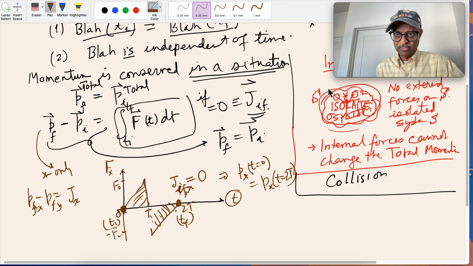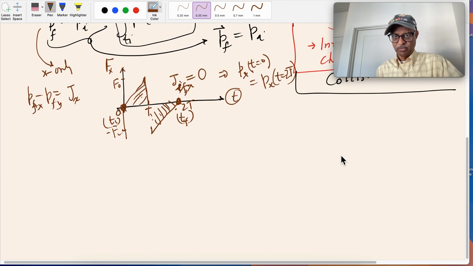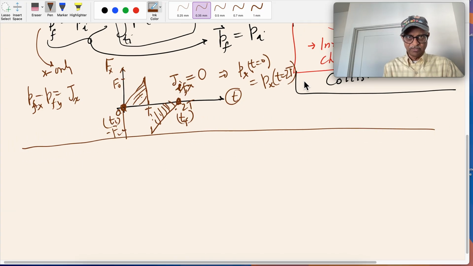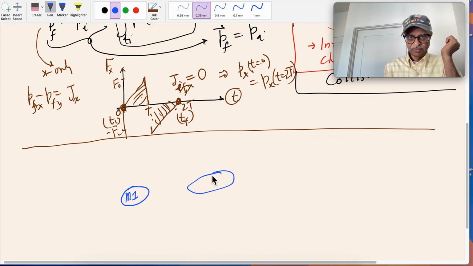Okay, so now let's look at momentum conservation in all systems. What is that law, and how do you look at it? Imagine you have system 1, say this is M1, and you have M2.